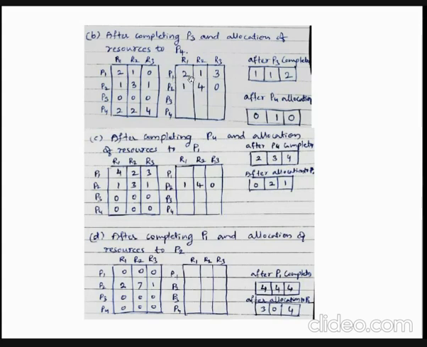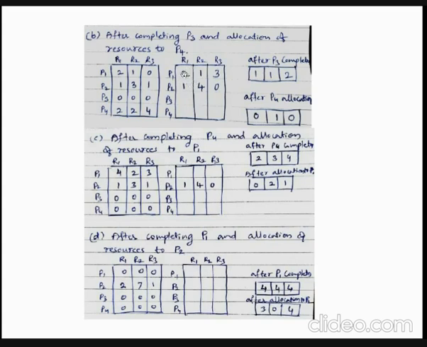So now, once the resources are allocated to P1, this matrix can be updated as 0, 2, 1. How to get this matrix: from the available resources 2, 3, 4, we subtract the requested resources.